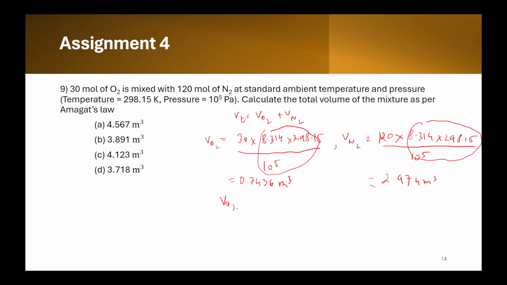So VO2 plus VN2 gives us VT, which will be 3.718. So the correct answer here is D option.